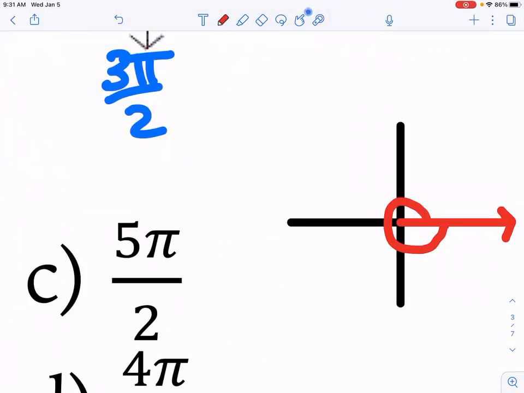Now, if we rotated 2 pi, how much is left? Well, if we think about 5 halves and we subtract 2, we have 1/2 left. So 1/2 pi is just to that 90-degree mark.